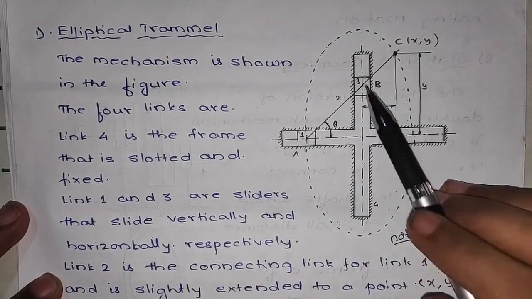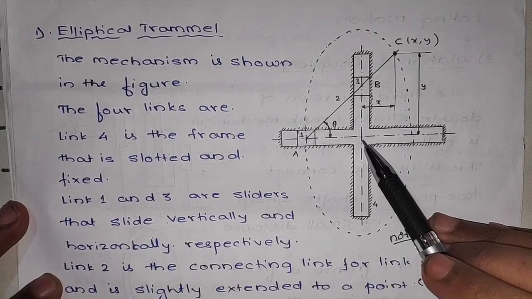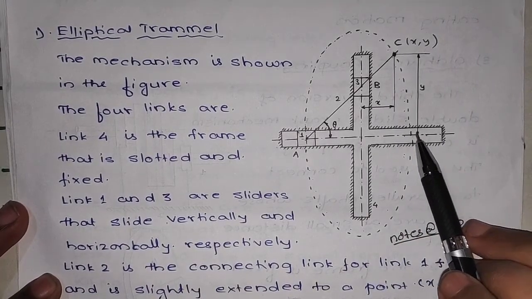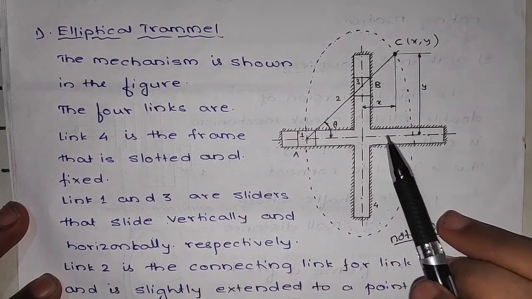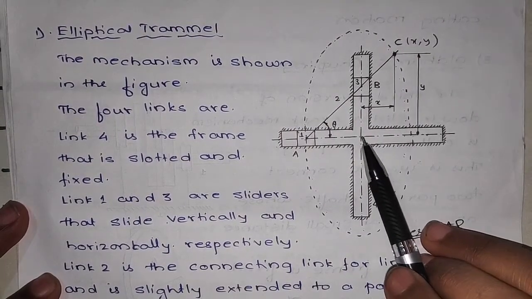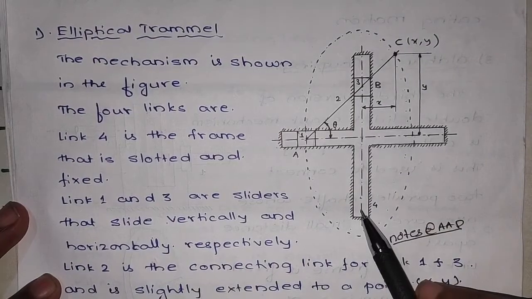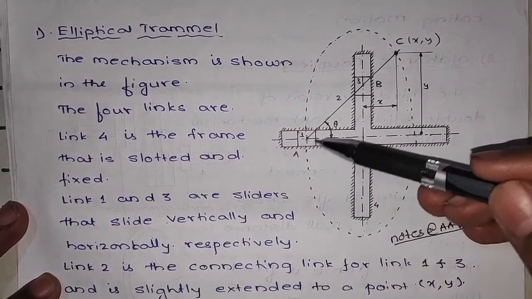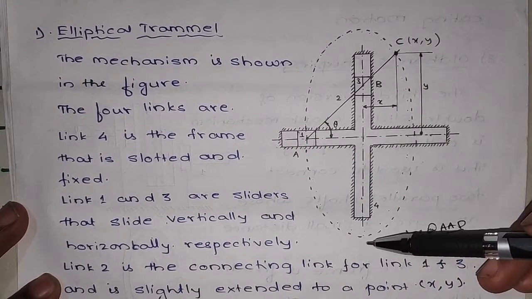From here it will trace another quarter of the ellipse. Next, the slider which is sliding vertically from center moves below, and this slider starts sliding towards the left, and as this horizontal slider reaches the center and the vertical slider reaches the bottom, point C will reach over here. So it will trace another quarter of the ellipse.